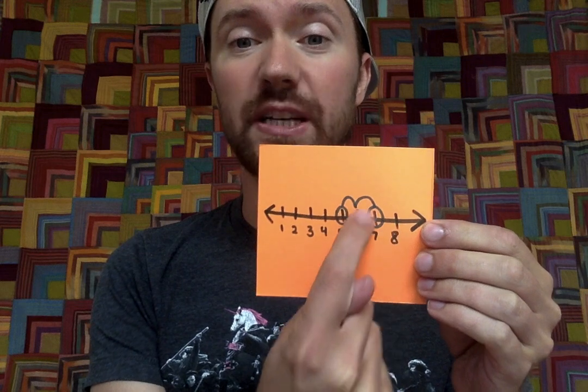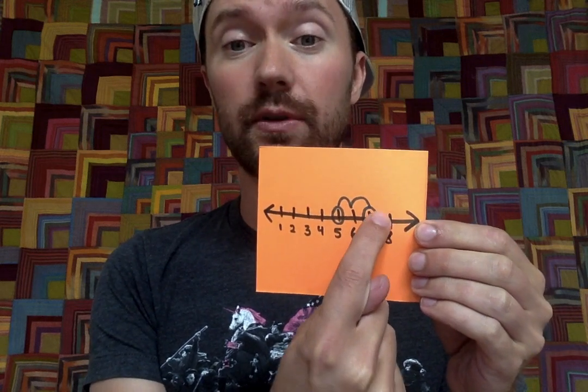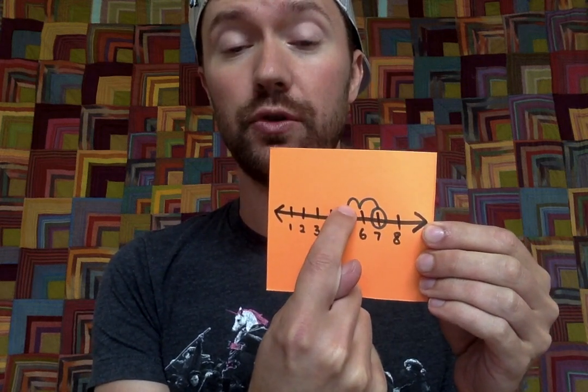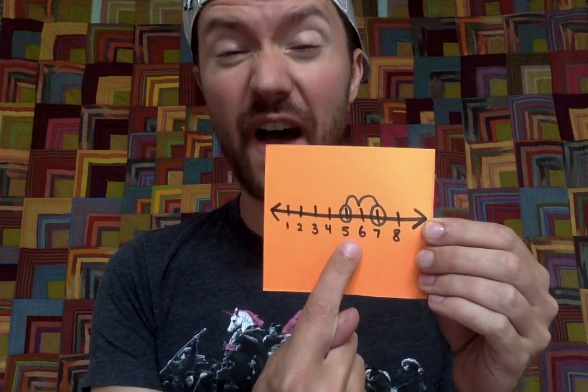I had 7 marbles, and I lost 2 of them. Now I have 5. That matches my number line as well, because if I started with a whole of 7 marbles, and I lost part of them, 2, I would have part of them left, 5.